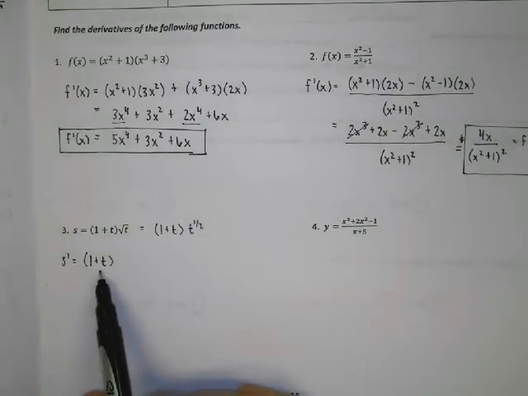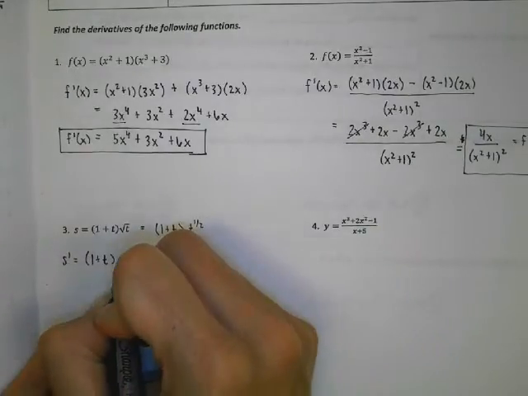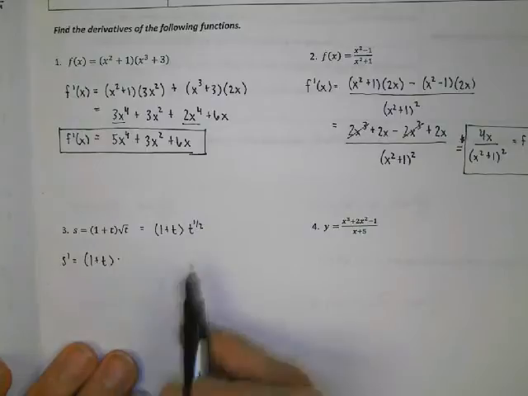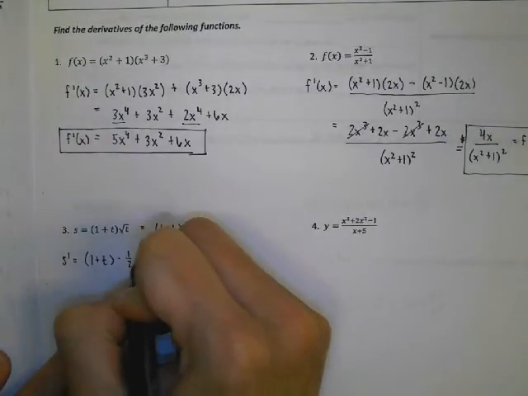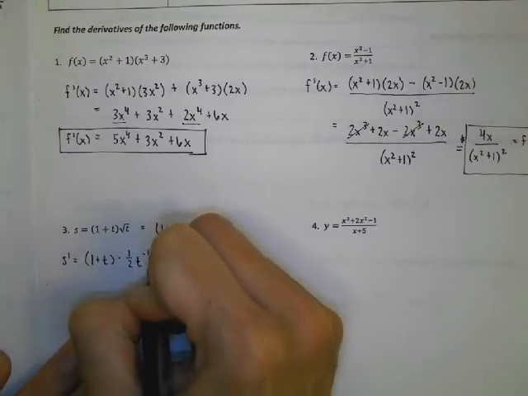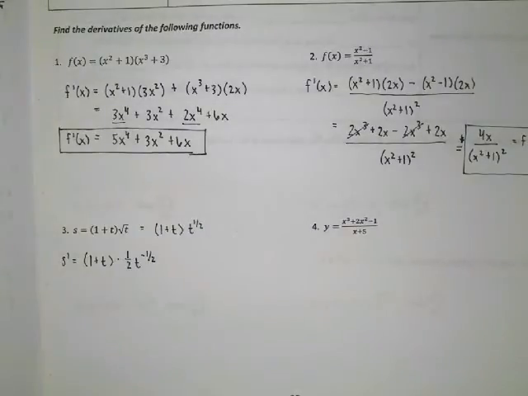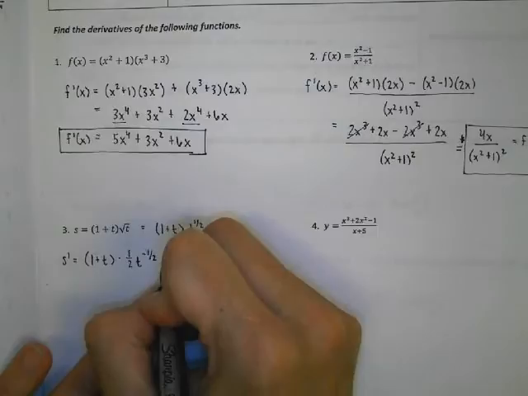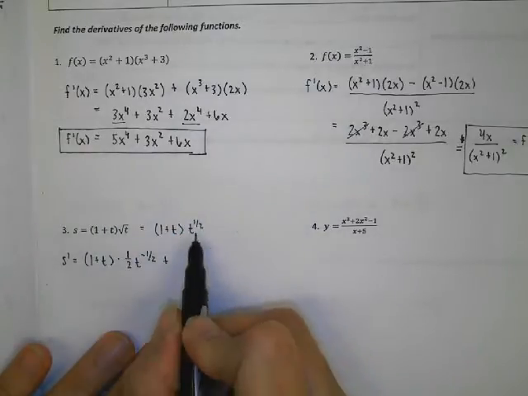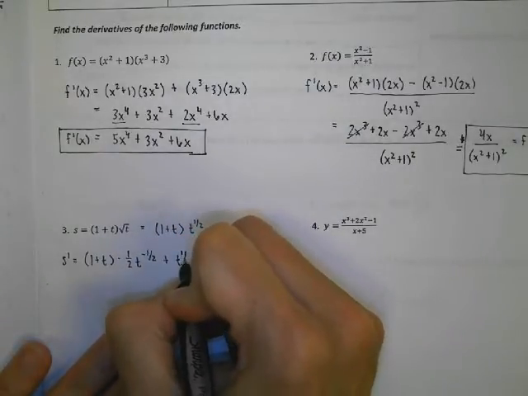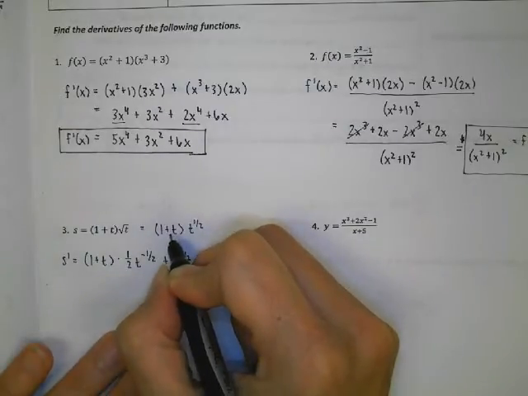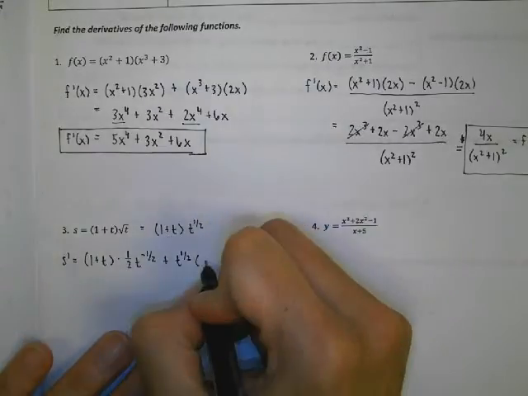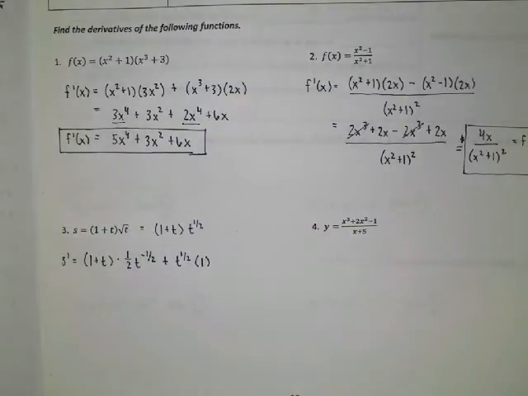I take my first function, 1 plus t, and multiply that by the derivative of my second function, which is 1/2 t to the negative 1/2. And then I'm going to take my second function, which is t to the 1/2, times the derivative of my first, and this one's kind of nice because the derivative of 1 plus t just comes out to 1.